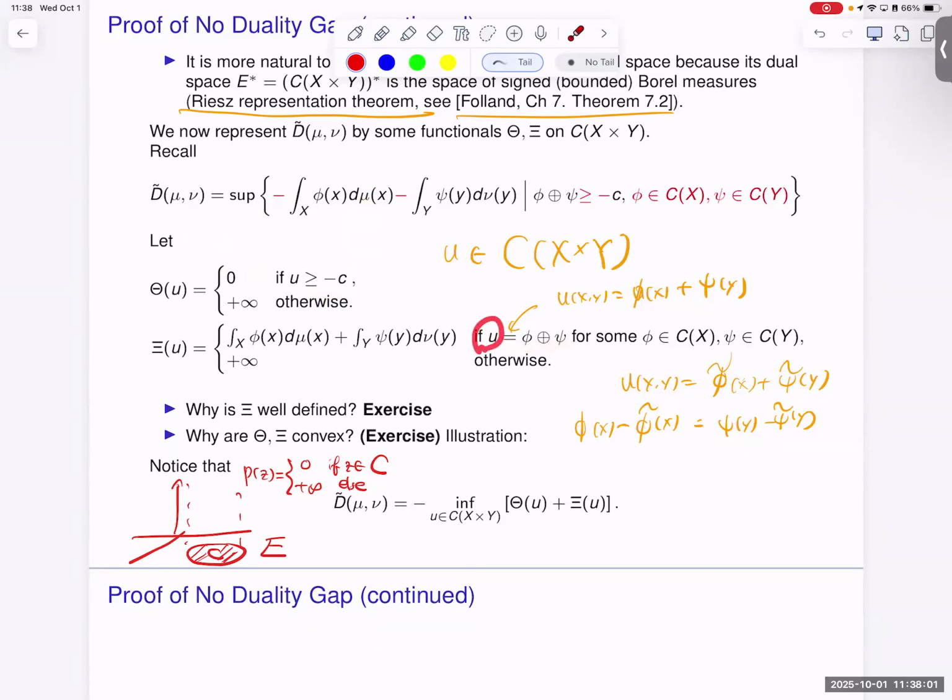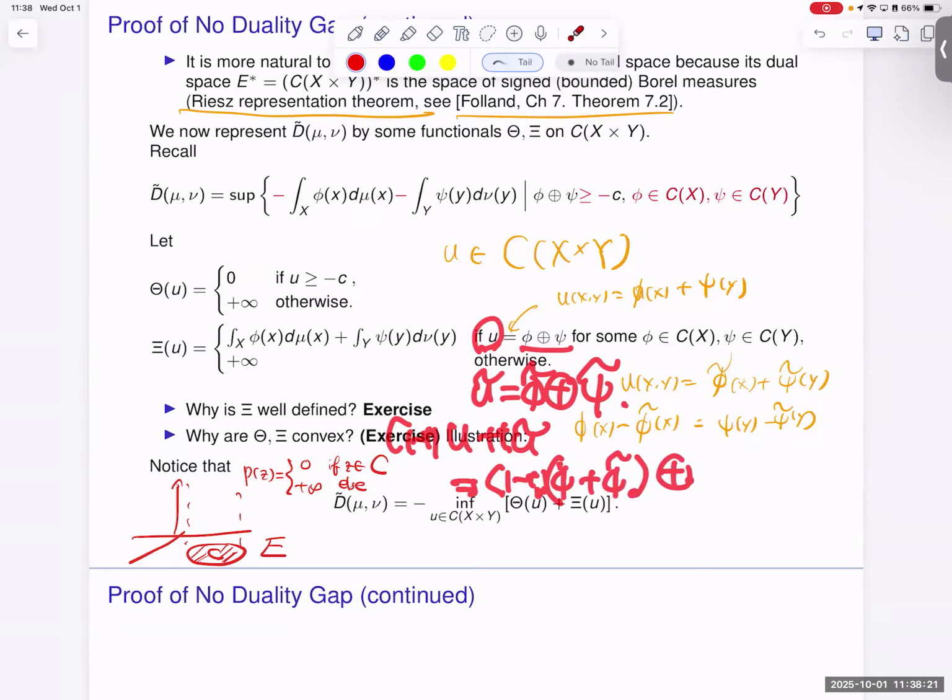If U satisfies some condition like this, and U tilde satisfies the phi tilde plus psi tilde condition, then any convex combination will satisfy the same thing, right? Makes sense?